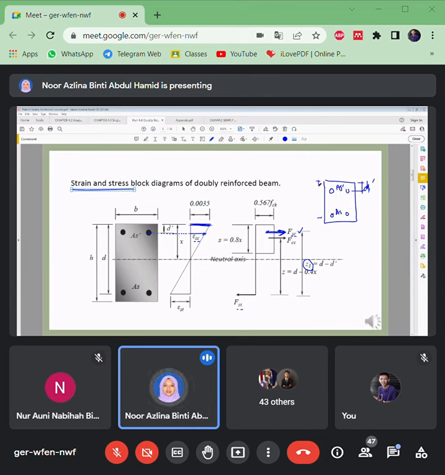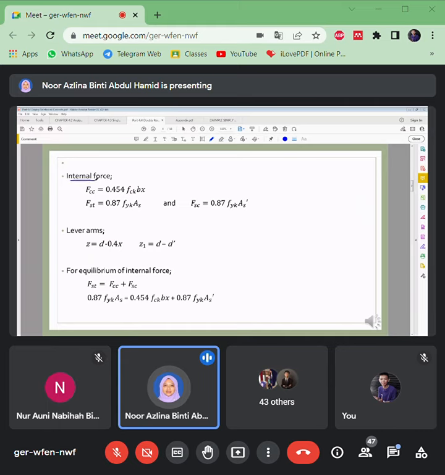This is the effective depth for the AS. So Z1 is the lever arm of the force from the steel here, so the D should be minus the D prime. So we have FSC, FCC and FST. So it becomes three forces, all the internal forces FCC, FST and FSC here.